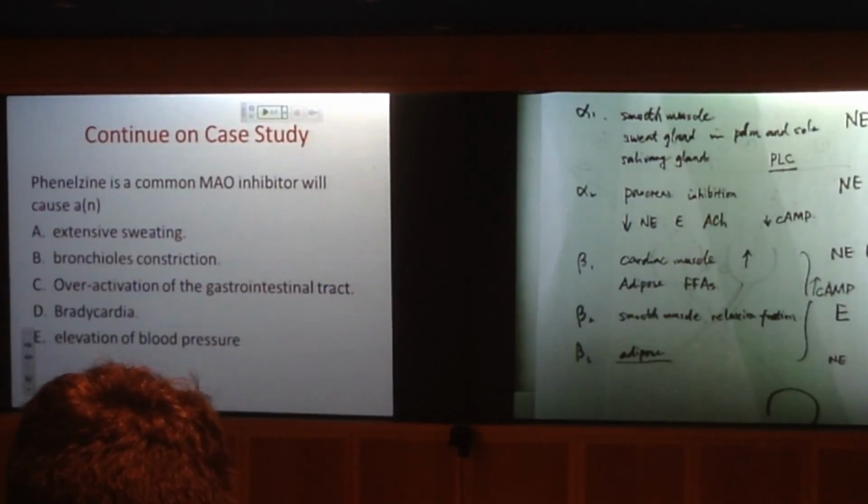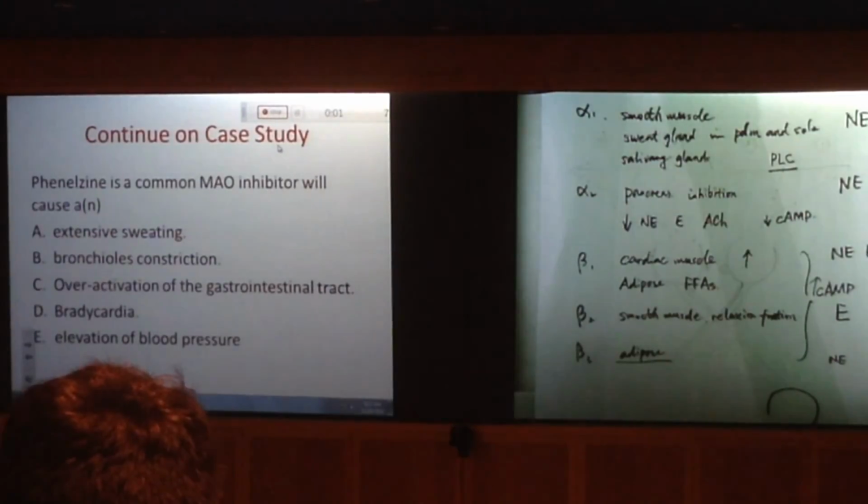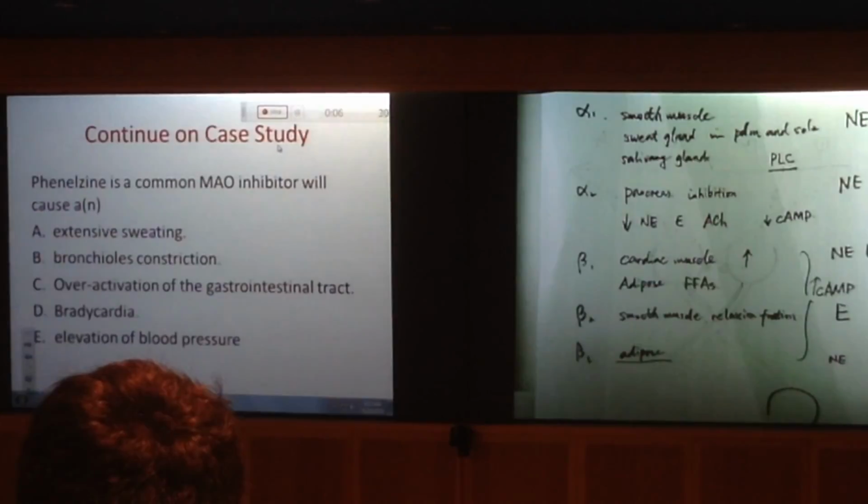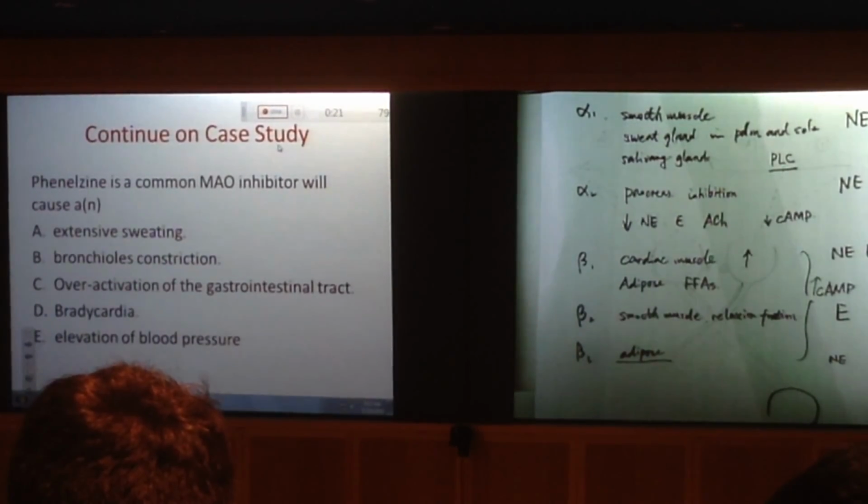Okay, I'm going to do this last clicker question. I know I have only 1 minute, so I'll give you probably 30 seconds to answer. When we say extensive sweating, we talk about it globally. I should have added globally sweating. So do you think this MAO inhibitor will cause any of these options listed here? 40 seconds maybe.